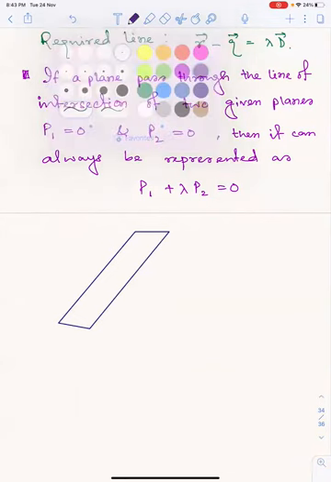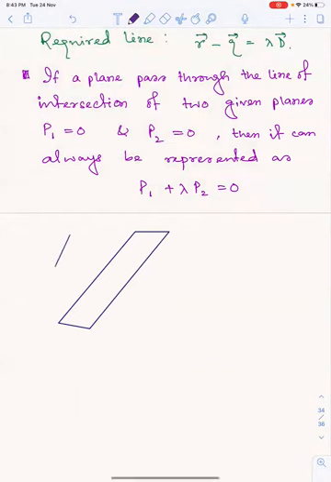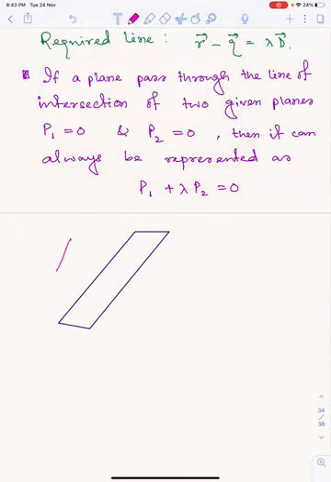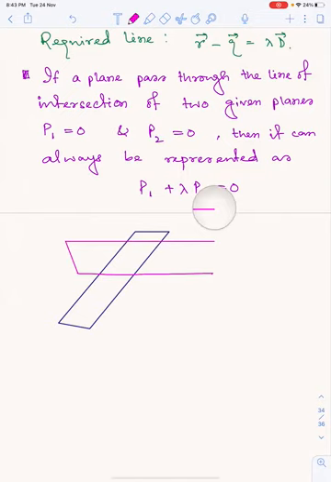We are considering another plane. So what is their line of intersection if I consider other planes through them?